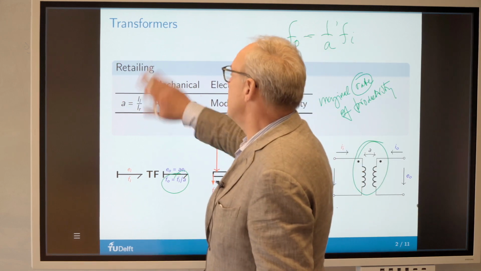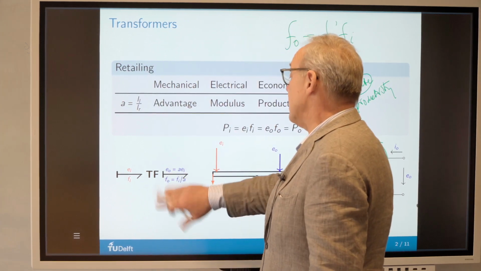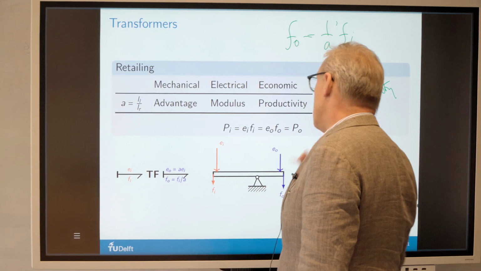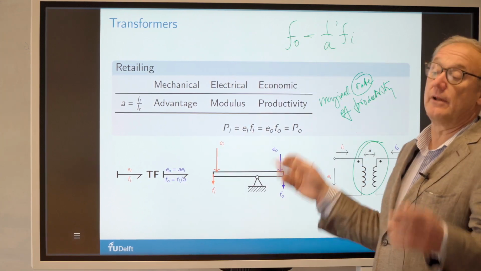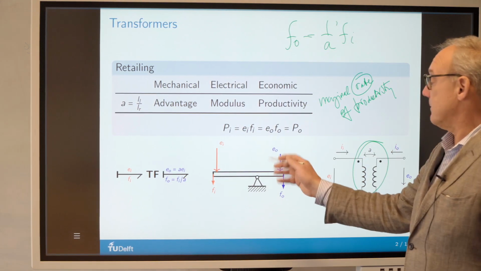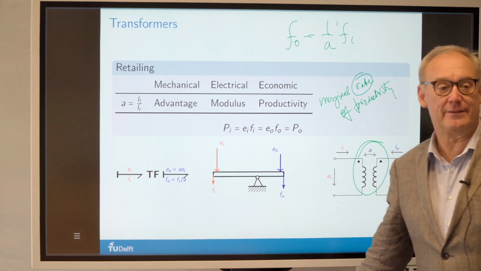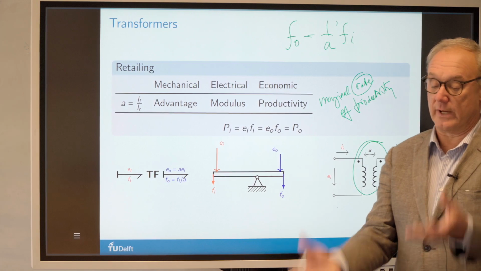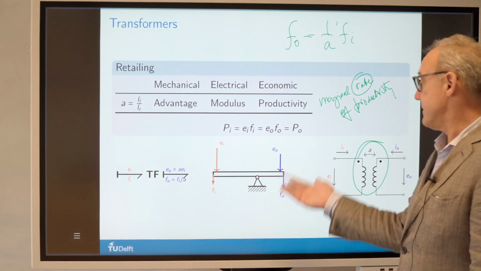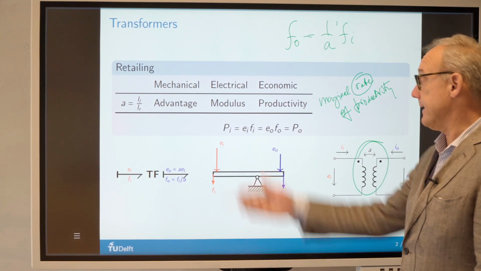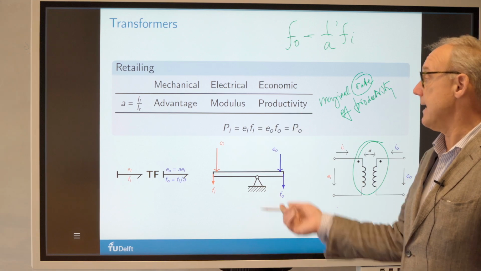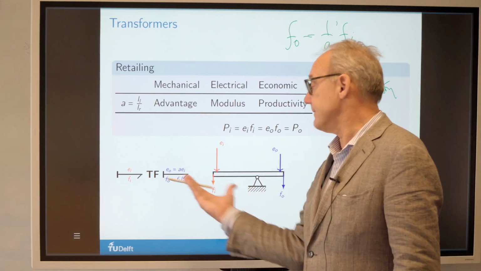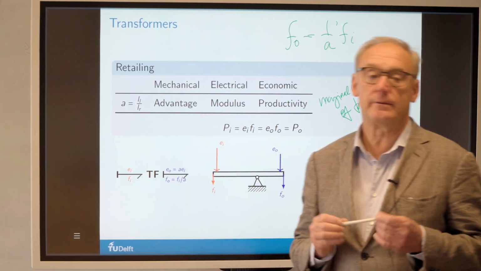Basically a retailer, or even a wholesaler who buys from the factory, even larger things, you can see them as a lever, with the retail ratio as his leverage, his mechanical advantage. Of course, in the end, he has no economic advantage because he's conserving power here.